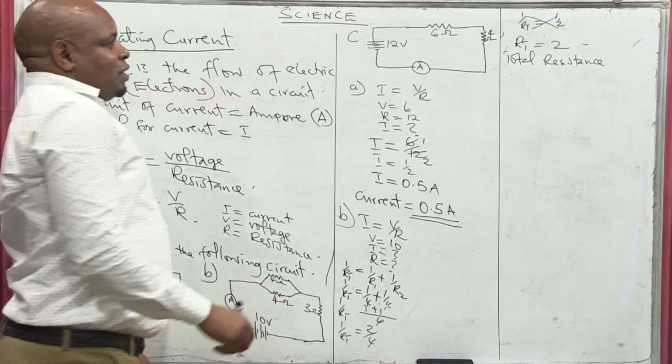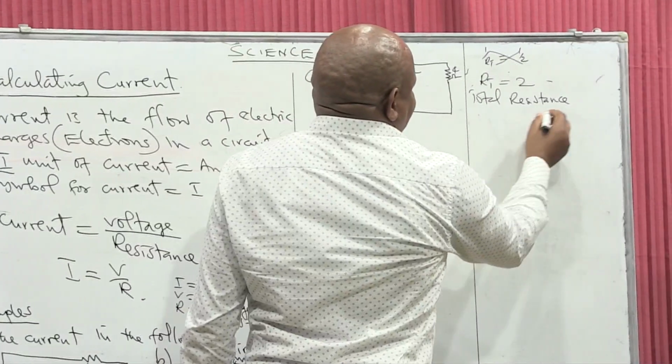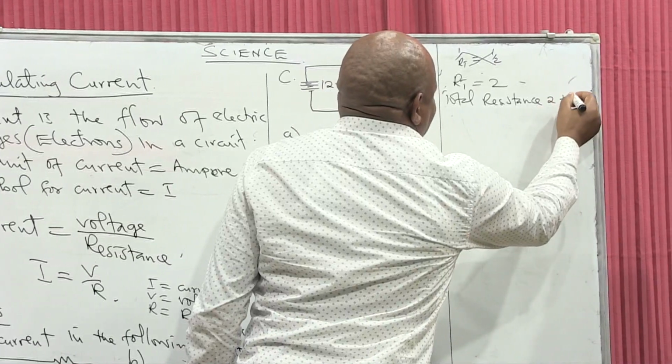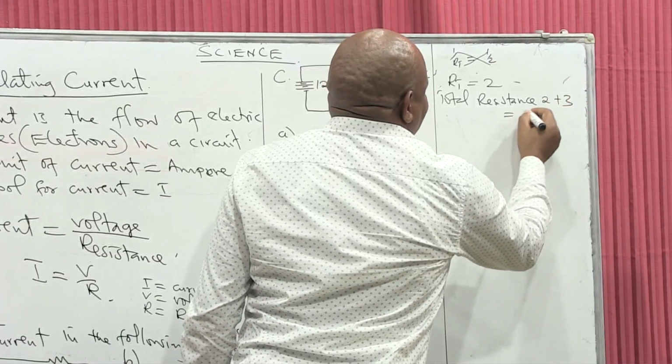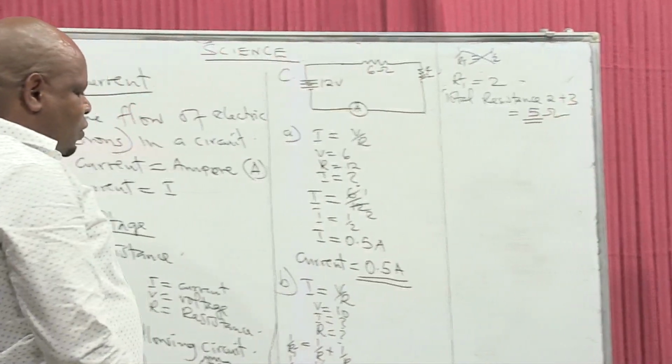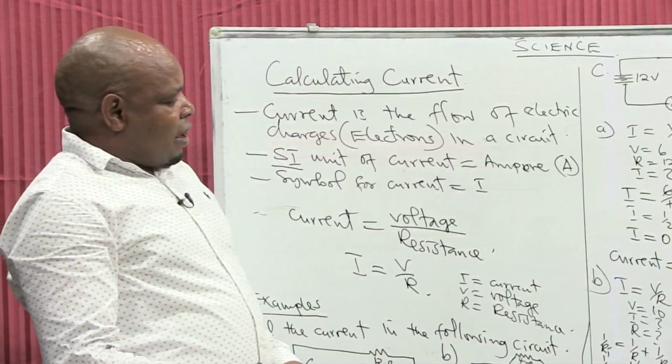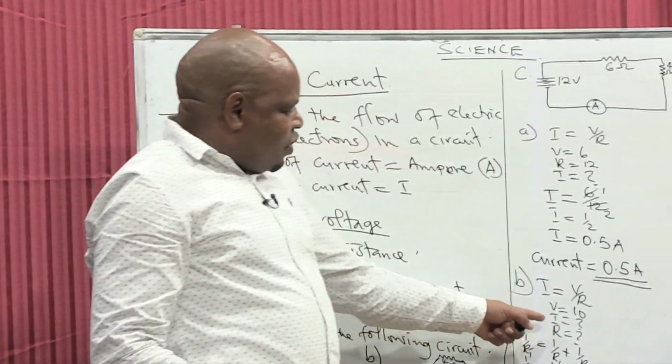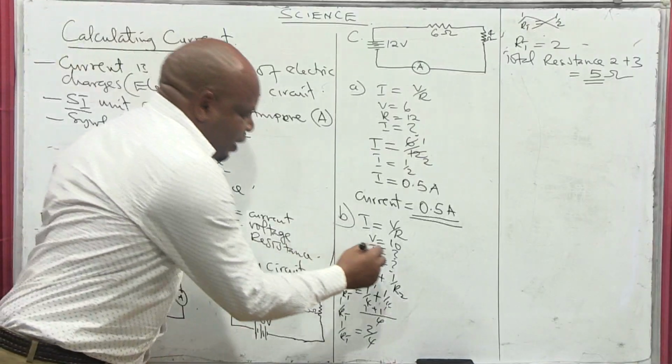Two plus 3, which is equal to 5. So, our total R, the value of R is 5.